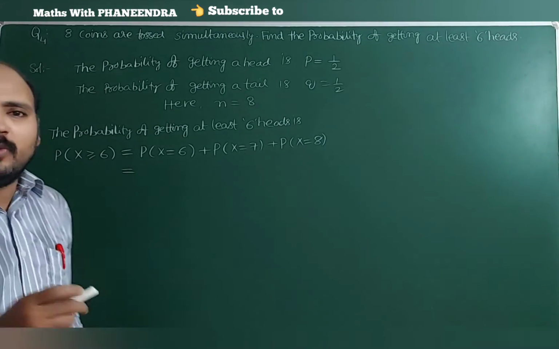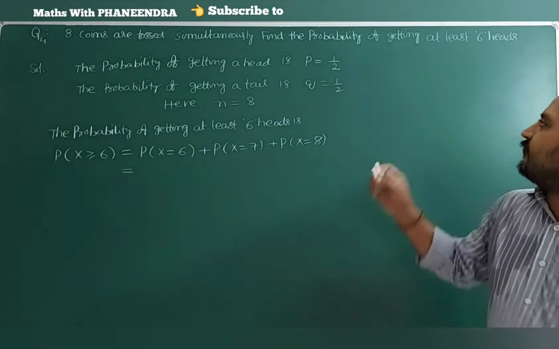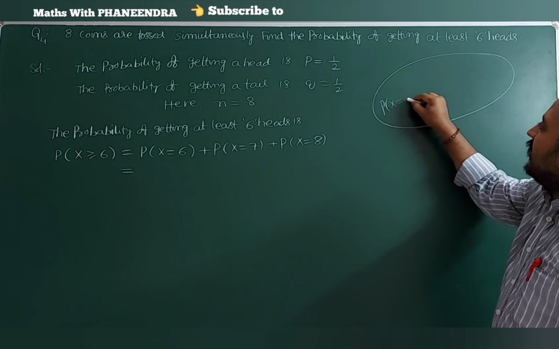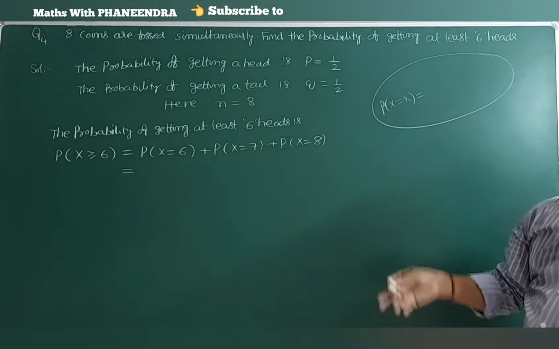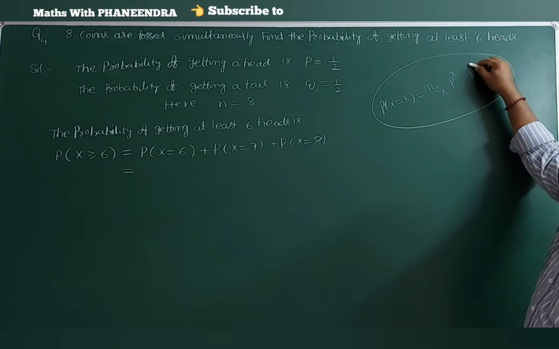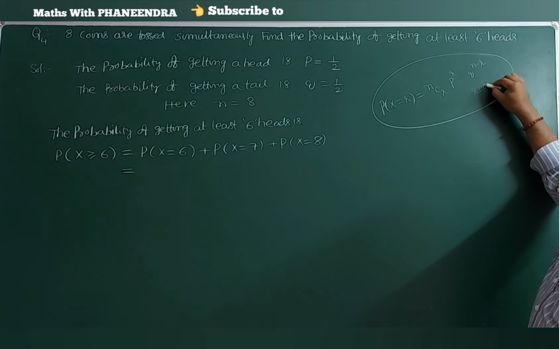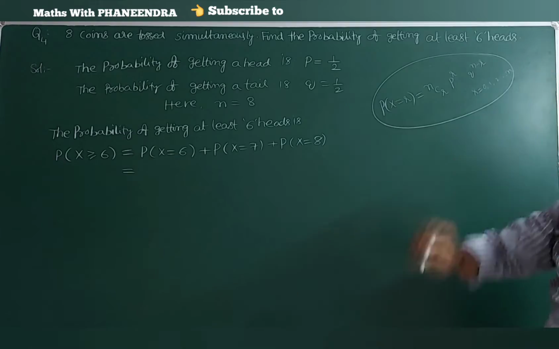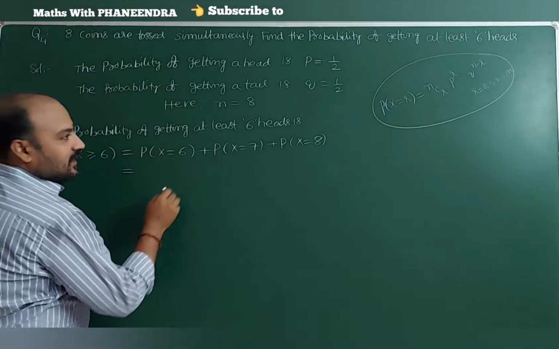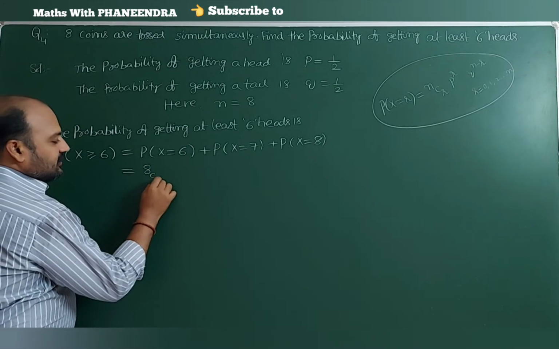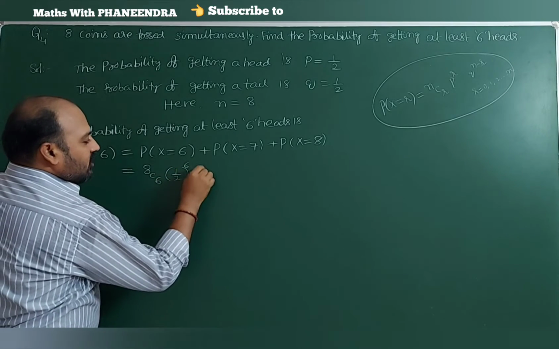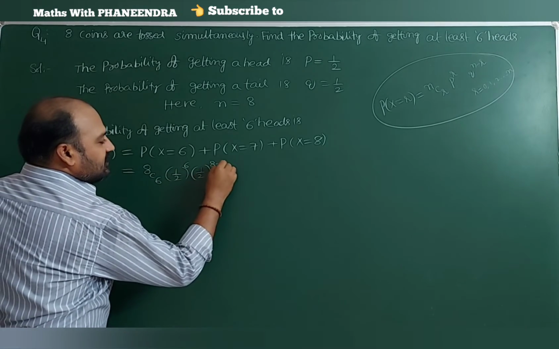So we know the binomial distribution function, that I am writing again here. Every time I am reminding you by giving this formula: probability distribution of binomial distribution function, nCr p power r q power n minus r, where r is equal to 0, 1, 2, 3 and so on up to n. Here n is equal to 8 and r is equal to 6 in this case: 8C6 (1/2)^6 (1/2)^(8-6).